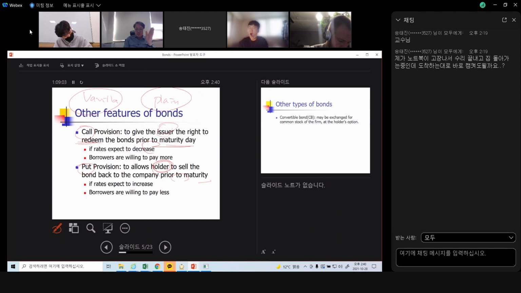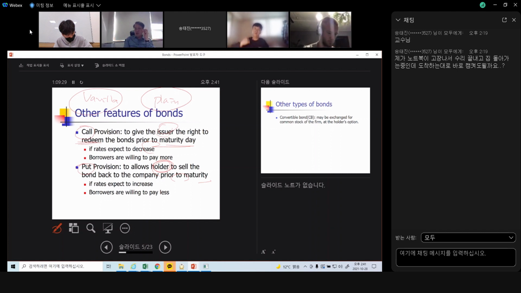Okay, so originally, the bond cannot be redeemed before the maturity. Originally we can make an arrangement, right? Then I will say, please give me the interest every year, and please give me the principal at maturity. That's the original contract, right?